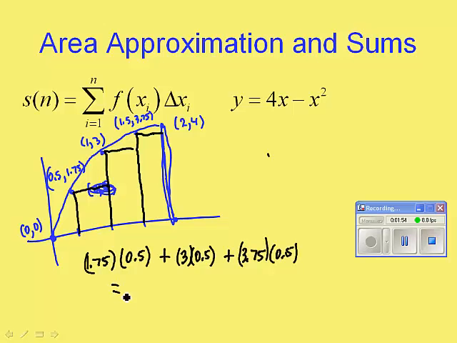So if you add all that up, again, I could do this trick. If you want, this first one is an area of 0, the first rectangle. So what do we get? 5.5, 8.5. Okay, so you get about 8.5. This is an underestimate.